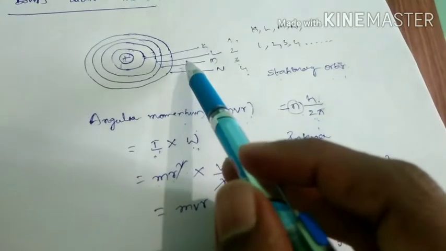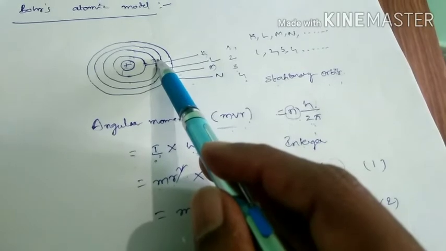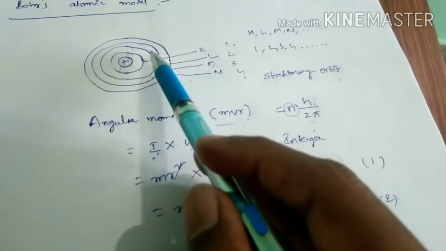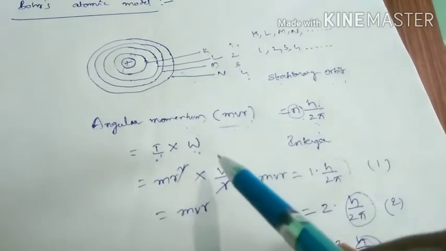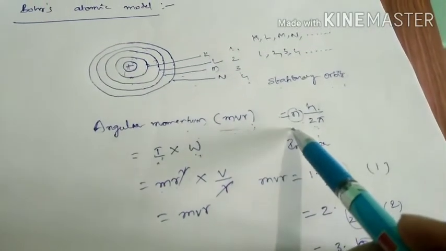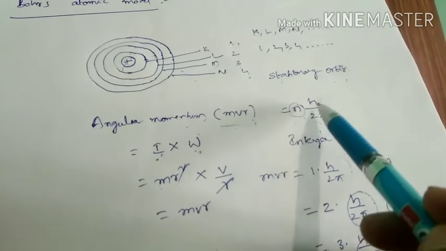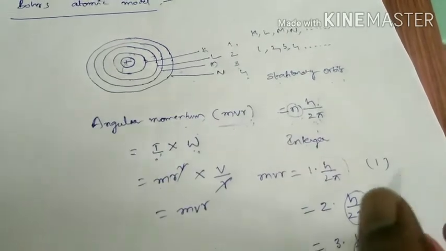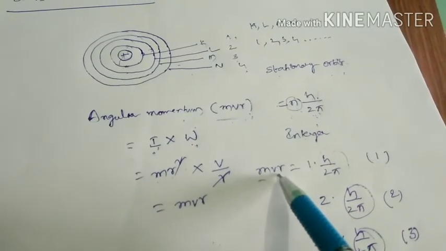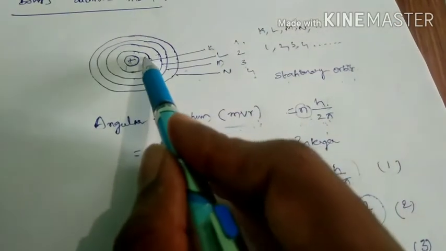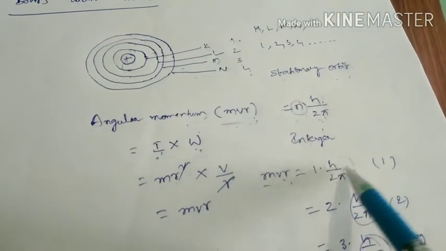Next point, when the electron jumps from a lower energy level to a higher energy level, energy is absorbed. But when the electron jumps from a higher energy level to a lower energy level, energy is released. Next, the angular momentum of an electron is equal to an integer into h by 2 pi, nothing but an integral multiple of h by 2 pi, where m is the mass of the electron, v is the velocity of the electron, r is the radius of the orbit, and h is Planck's constant.